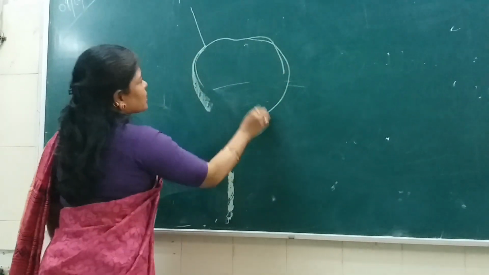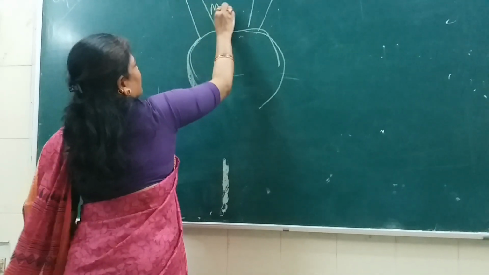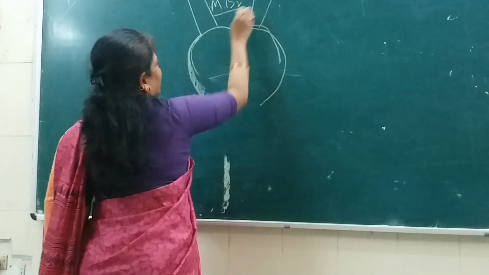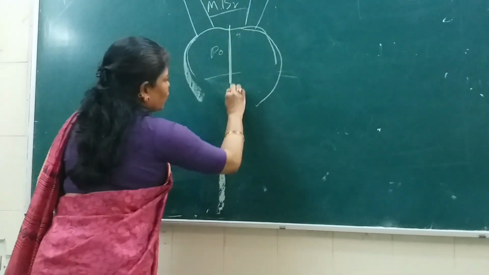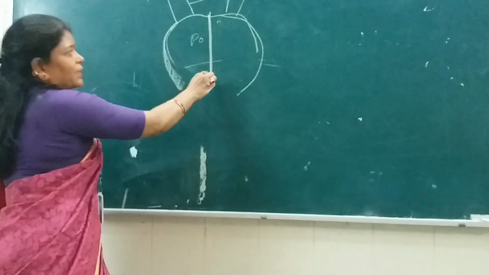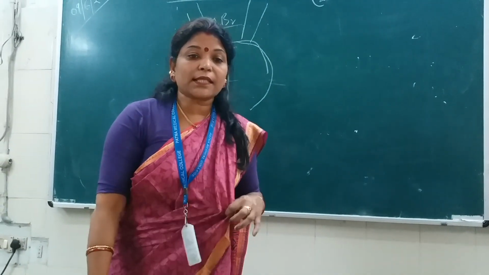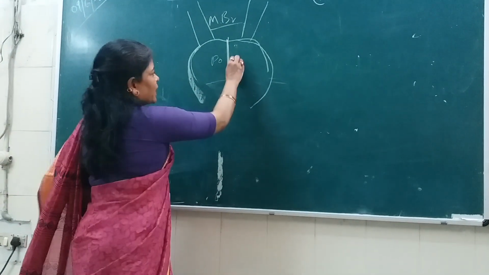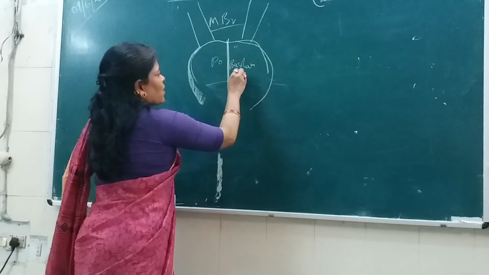This is the pons, here it is the midbrain, here it is the pons, and here it is the central sulcus. This is the central sulcus on the ventral aspect of the pons, which is known as what? Basilar sulcus. What is this sulcus known as? Basilar sulcus.